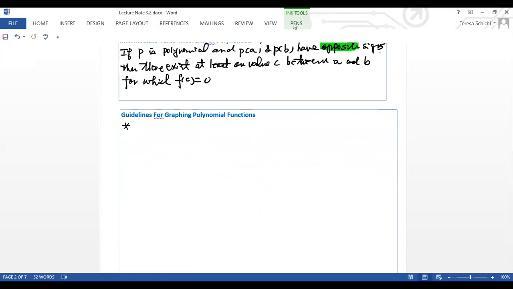Step number 1: find the zeros, if any. To find the zeros, I factor the polynomial and then set it equal to 0.